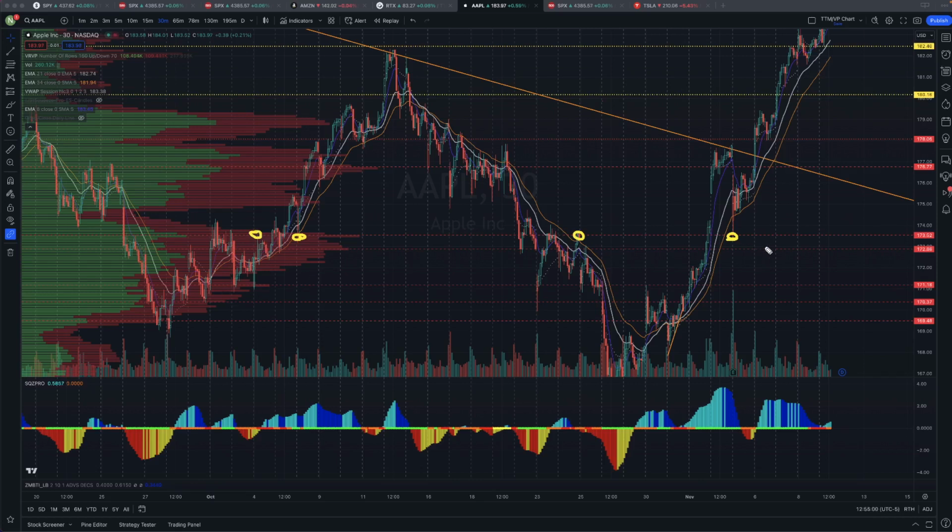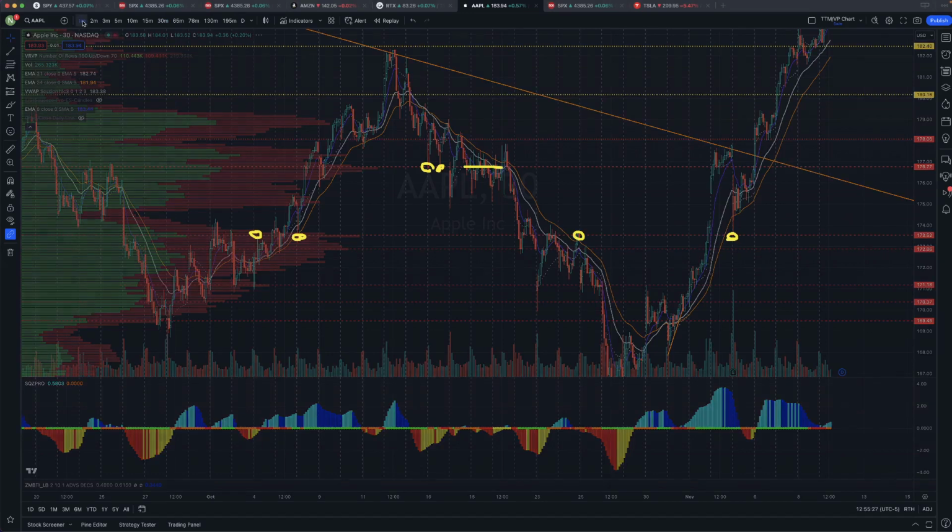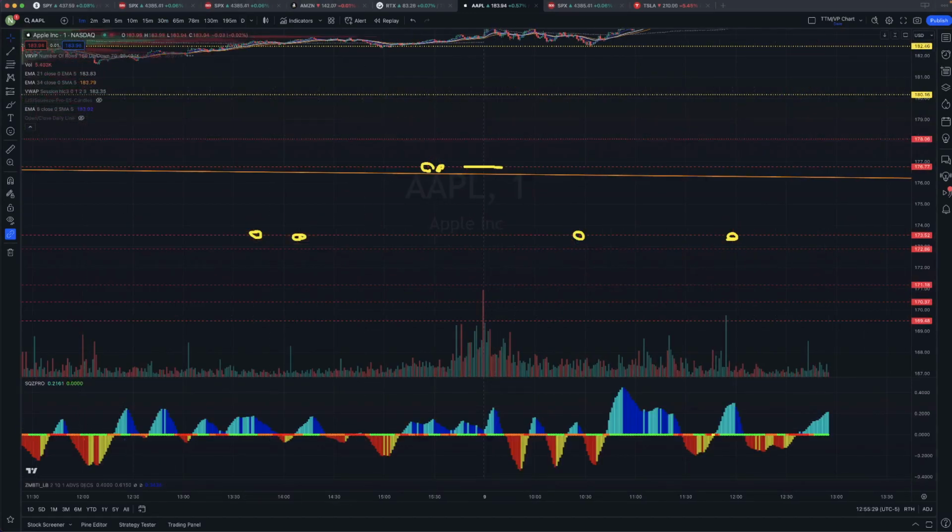Once you start to be able to draw these lines on, it really helps inform your decisions, and gives you levels that when you're looking at a 1 minute chart, you're like, what is that level from?